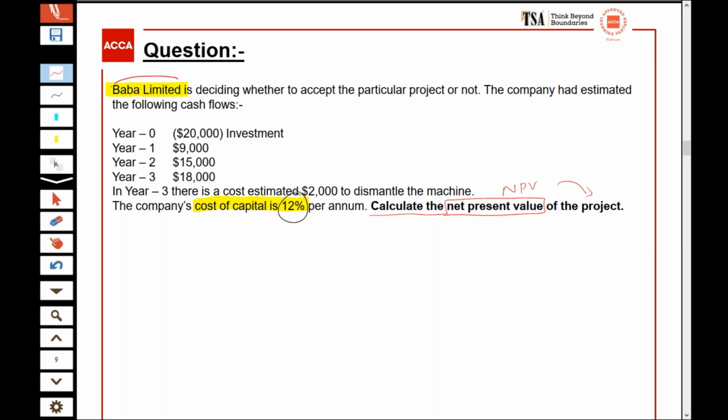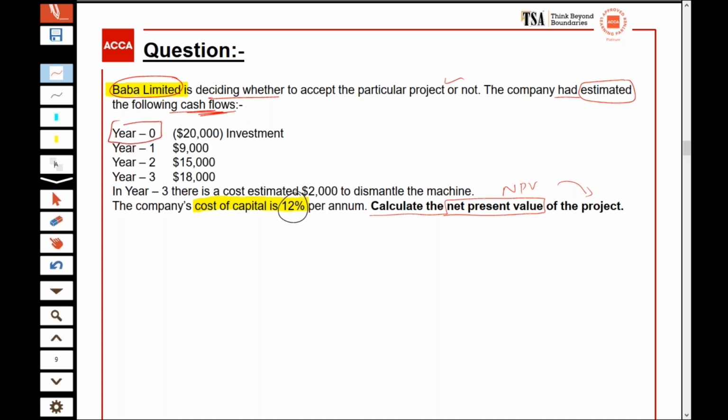Baba Limited is deciding whether or not to accept a particular project. The company had estimated the following cash flows. Year zero.